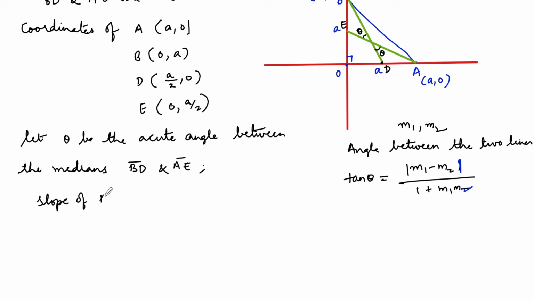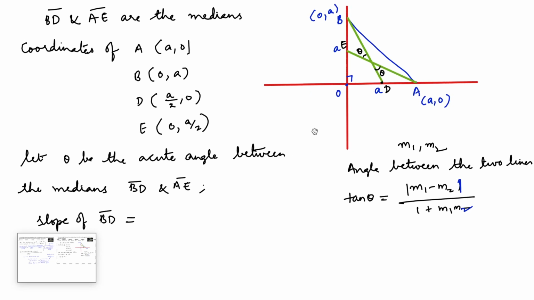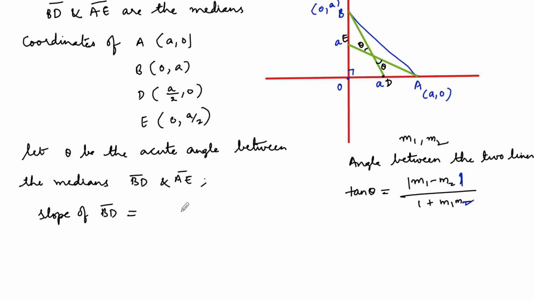Slope of the line segment BD: we know the slope formula is the ratio of the difference of y coordinates to the difference of x coordinates. So slope of BD is y2 minus y1 upon x2 minus x1, so 0 minus a upon a by 2, which can be written as minus a upon a by 2. So which is negative 2. On simplifying, you will get minus 2. Say this is m1.